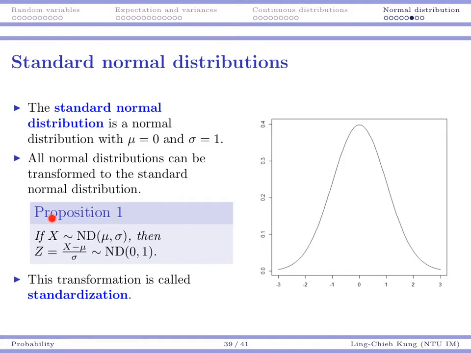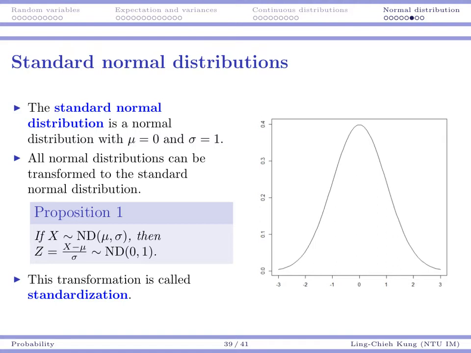The way is here. Suppose I give you capital X, which is normal. Then if I ask you to characterize the distribution of (X minus mu) divided by sigma, that is going to become a standard normal distribution.